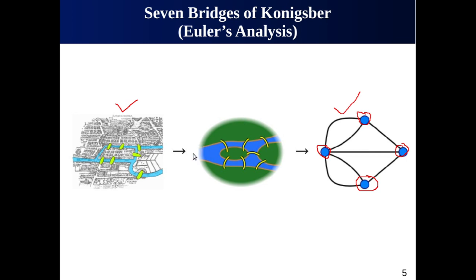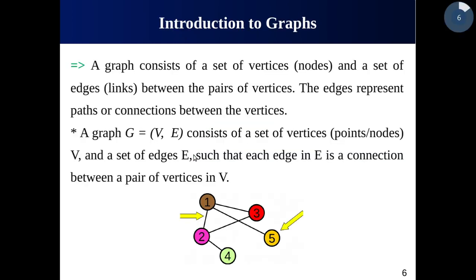Now let us see the introduction of a graph. This was the historical background from where the concept of the graph was derived. We have 2 types of data structure. One is known as linear data structure, and the second one is known as non-linear data structure.